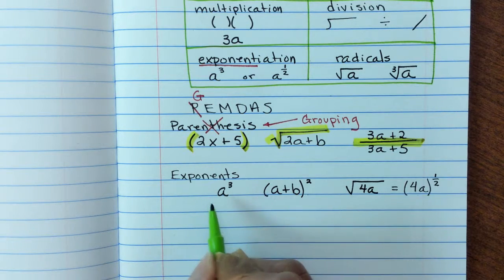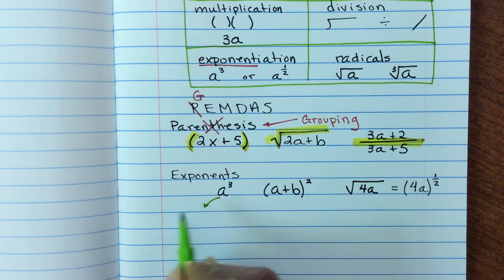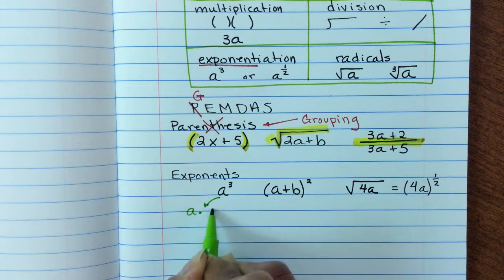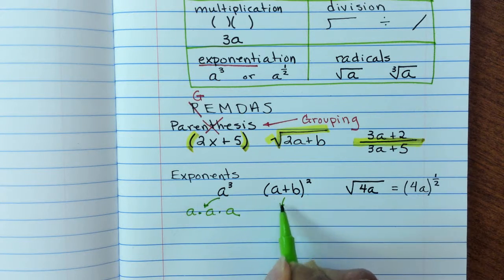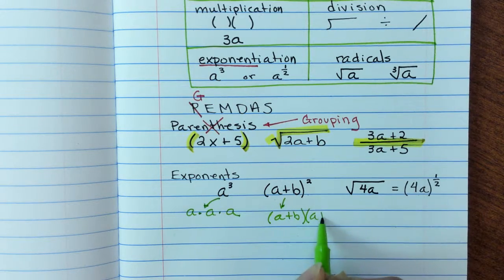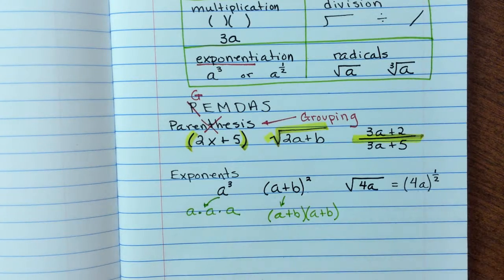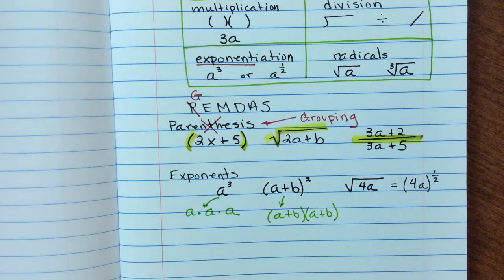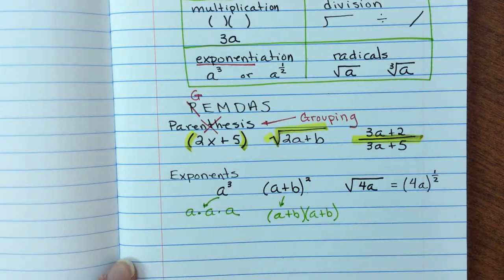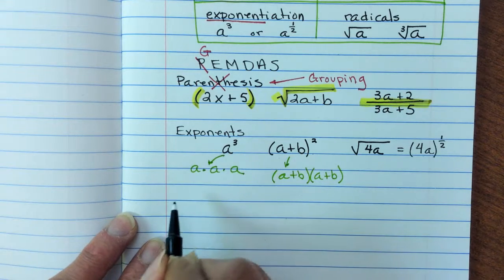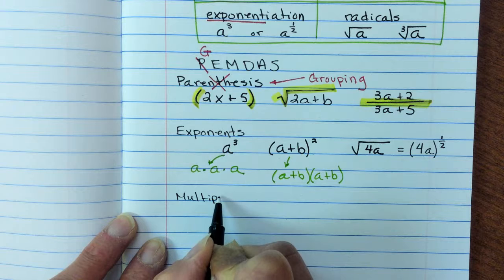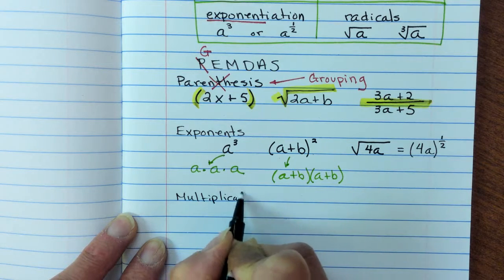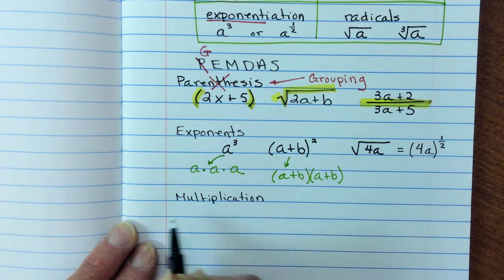I want you to realize that if we were to expand this, this is A times A times A. If we were to expand this, this is A plus B times A plus B. Those are very important concepts that you'll need to keep in mind as we progress. Then the last four: multiplication, division.